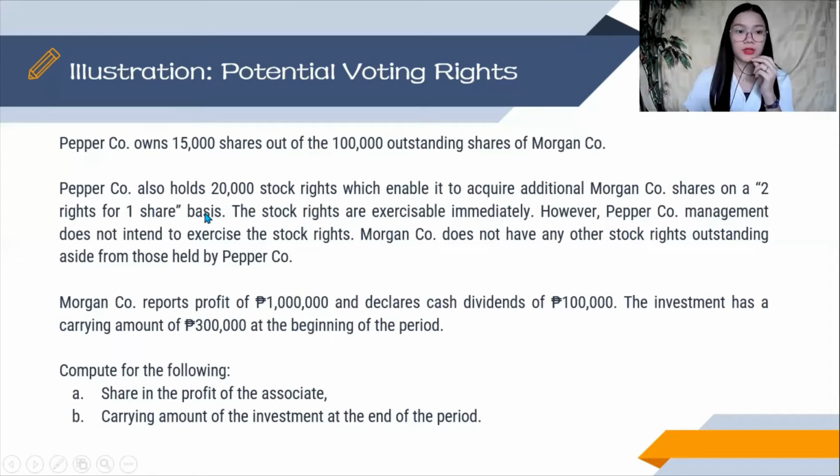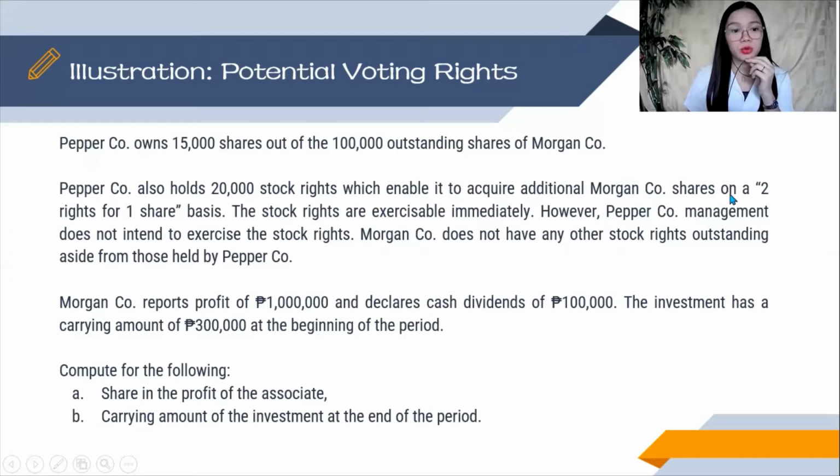So si Pepper Company daw owns 15,000 shares out of the 100,000 outstanding shares ni Morgan Company. Tapos si Pepper Company din daw also holds 20,000 stock rights, which enable it to acquire additional Morgan Company shares on a 2 rights for 1 share basis. So stock rights, diba, potential voting rights yan.